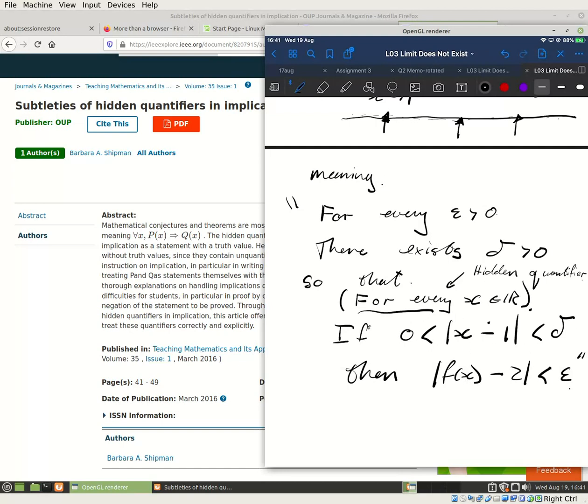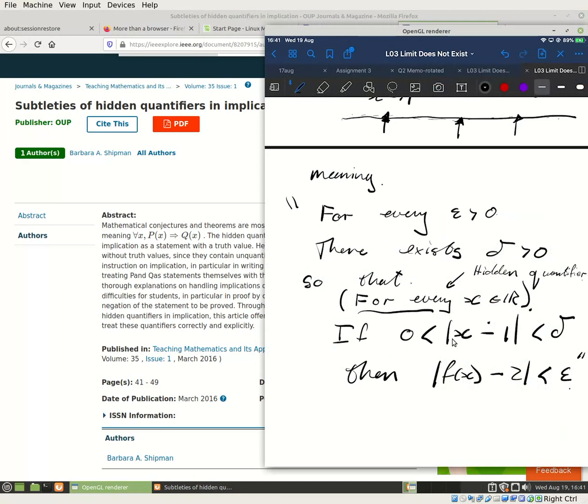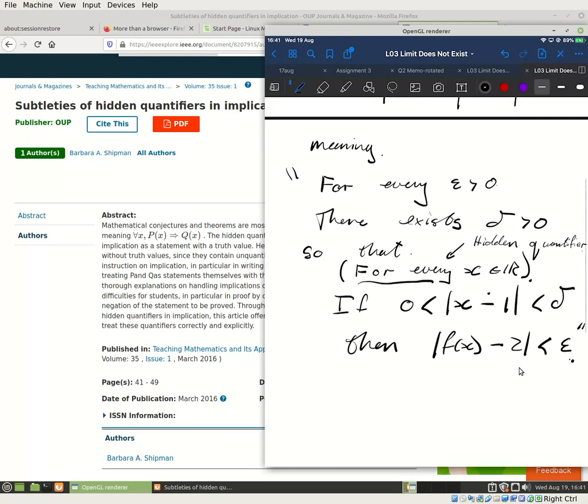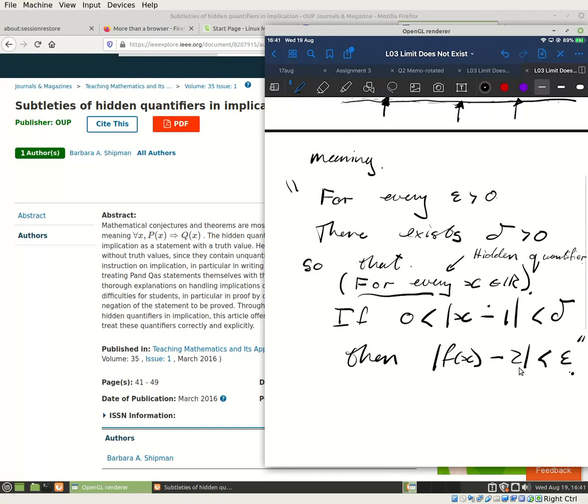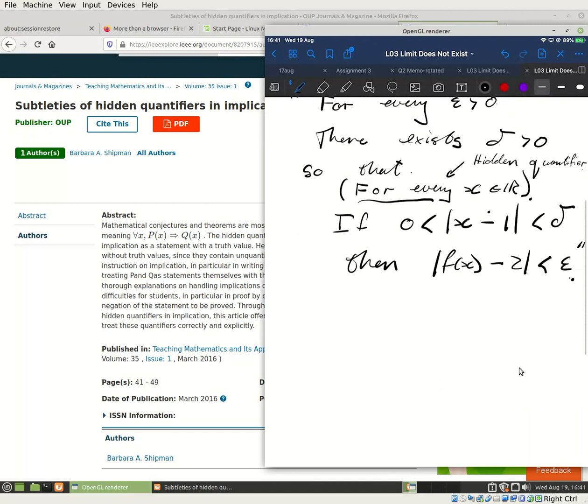So in this case here, this P of x would be this part and the Q of x would be that part. Okay, so now once we have realized that there is this hidden quantifier, now we can negate this statement.